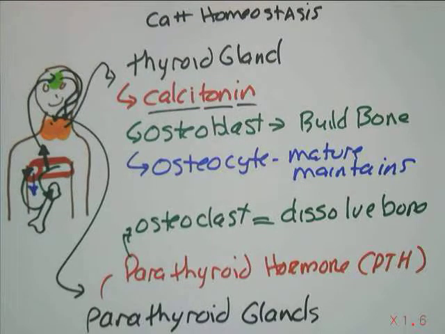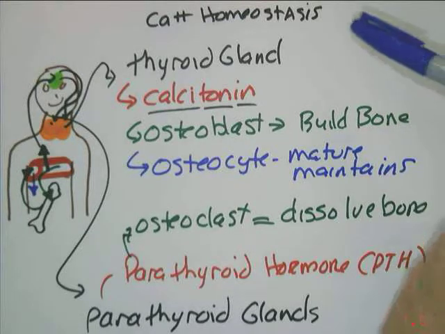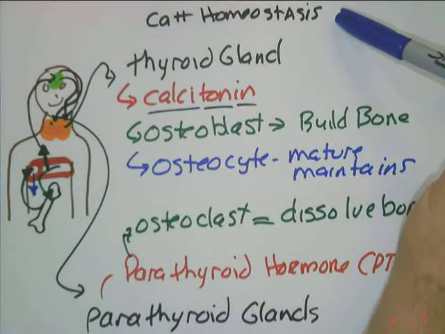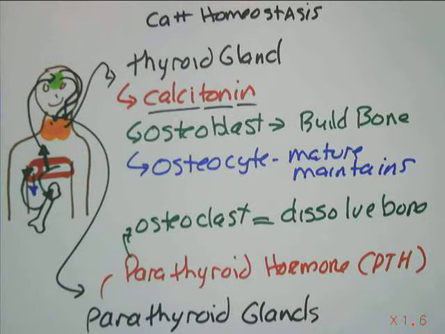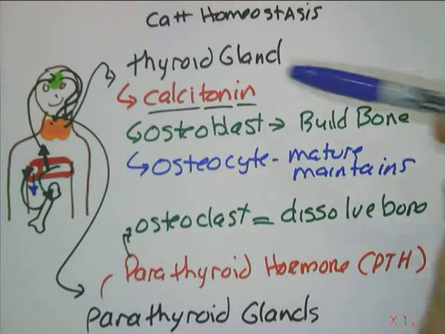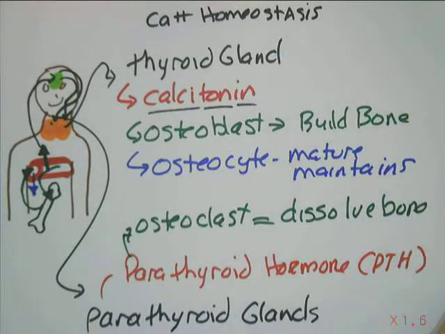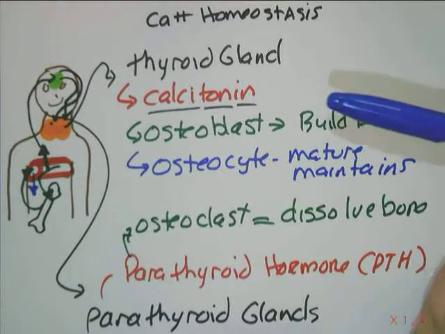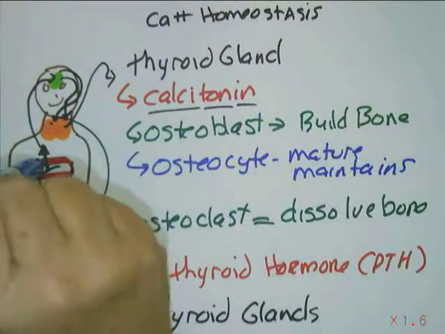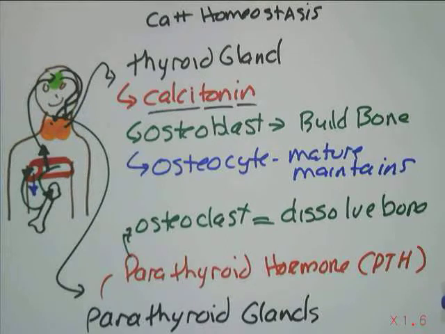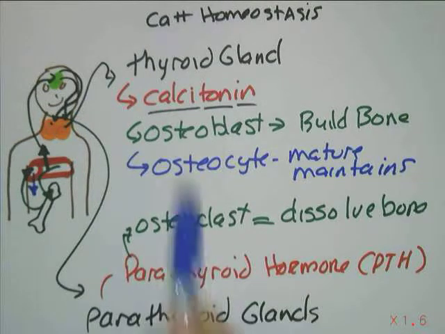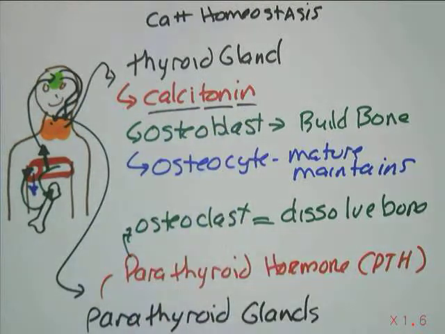So, in summary, homeostasis is maintaining the normal levels of calcium in the blood supply. The gland that produces calcitonin is the thyroid gland. The trigger for calcitonin release is too much calcium in the blood. Remember, a ton of calcium in the blood.